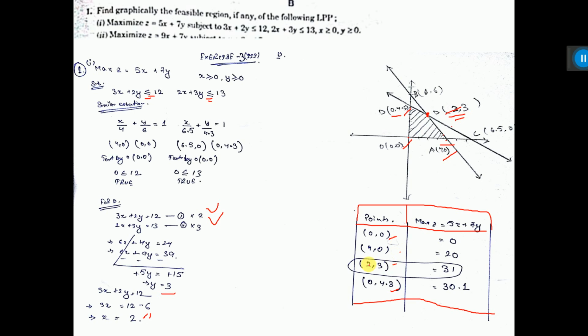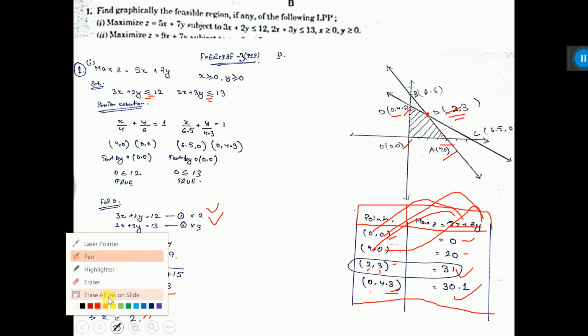Putting x equal to 0, y equal to 0, max z is 0. Then x equal to 4, y equal to 0: 4 times 5 is 20 plus 0, that is 20. X equal to 2, y equal to 3: 2 times 5 is 10, 3 times 7 is 21, so 31 is coming. Then x equal to 0, y equal to 4.3: you get 30.1.